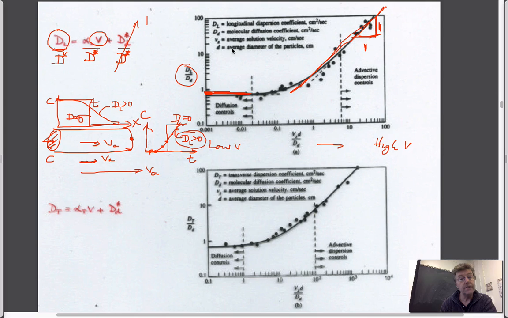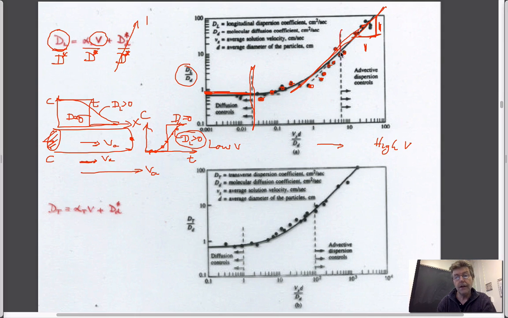And so all this expression is doing is measuring the dispersion coefficient that you get from a bunch of experiments by running them at different velocities and plotting them, which are these dots that we have here. And then it's trying to rationalize exactly why they look like this. The reason they look like this is that at some very low velocity region, it's only diffusion that's occurring because this term is large compared to this, and it's that effect that we see.